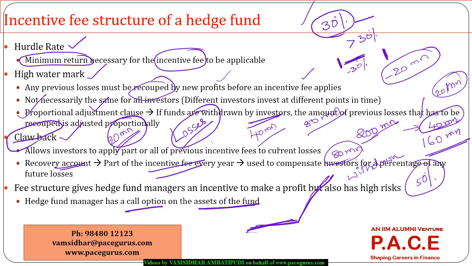So he is not having unlimited losses in the process unless the clawback levels are much higher, the hurdle rate is set much higher. Otherwise, he is not having any kind of big losses, but the profit potential is literally unlimited. So that's the reason he would not mind taking a higher risk in the process as such, right?